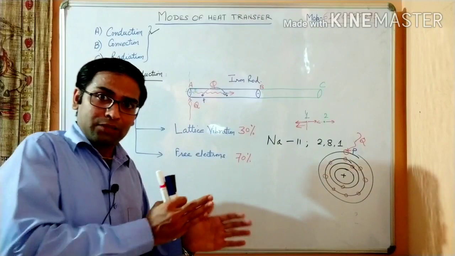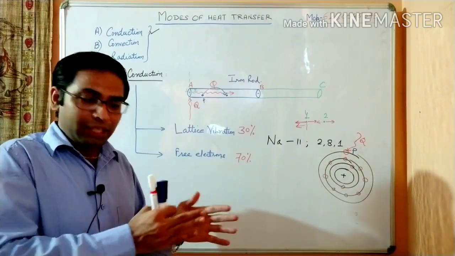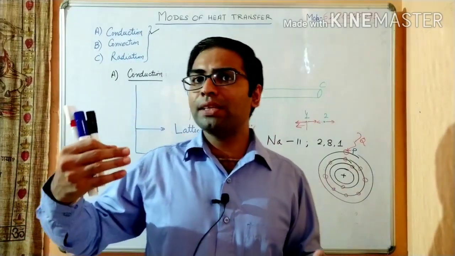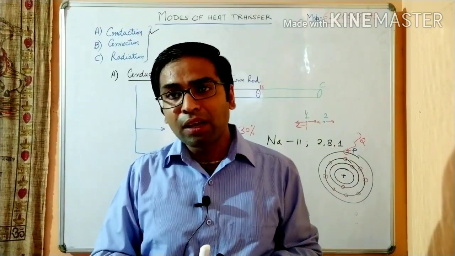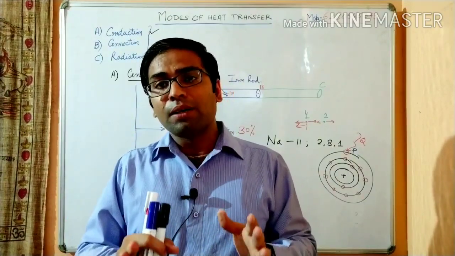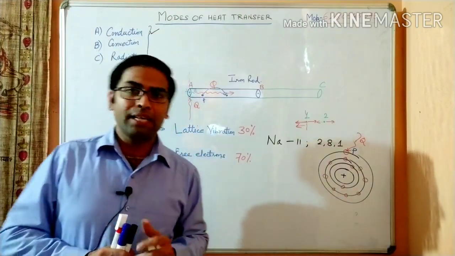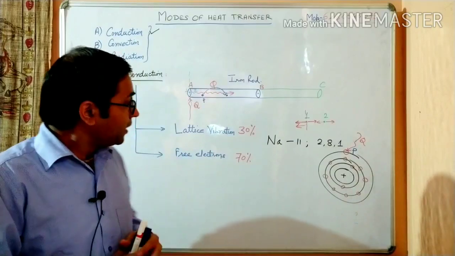It only gets displaced from the mean position towards left, right, left, right, and during this vibration it collides with the neighboring molecules, and this way it transfers its heat to the surrounding molecules. So there is no bulk displacement or movement of the molecules of the material in conduction. This is the important line to underline.